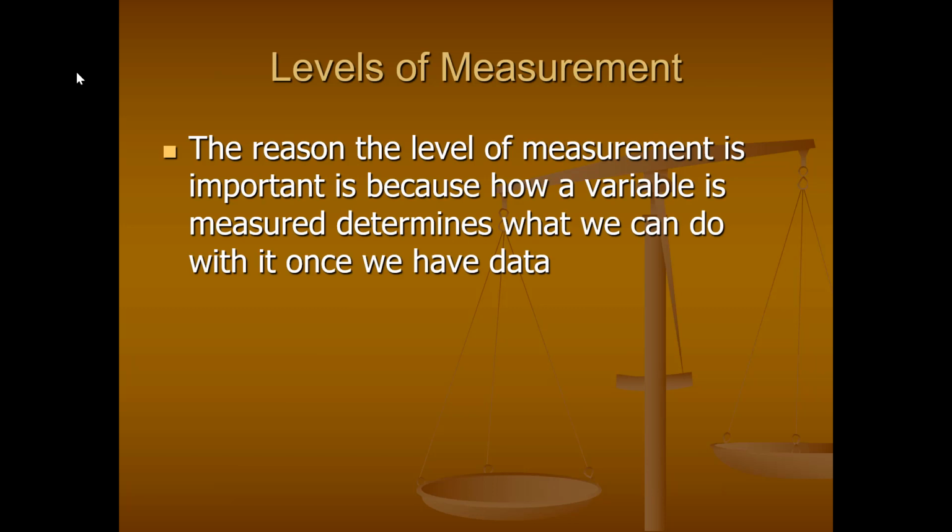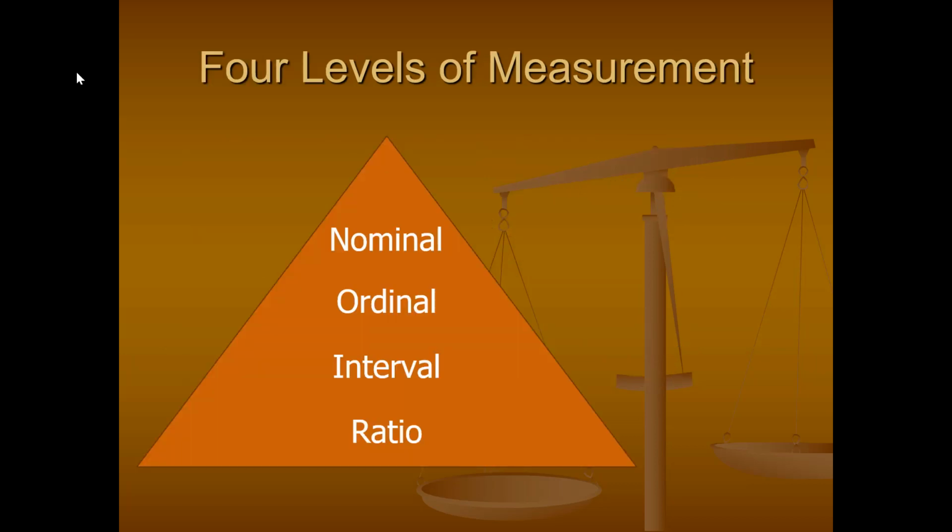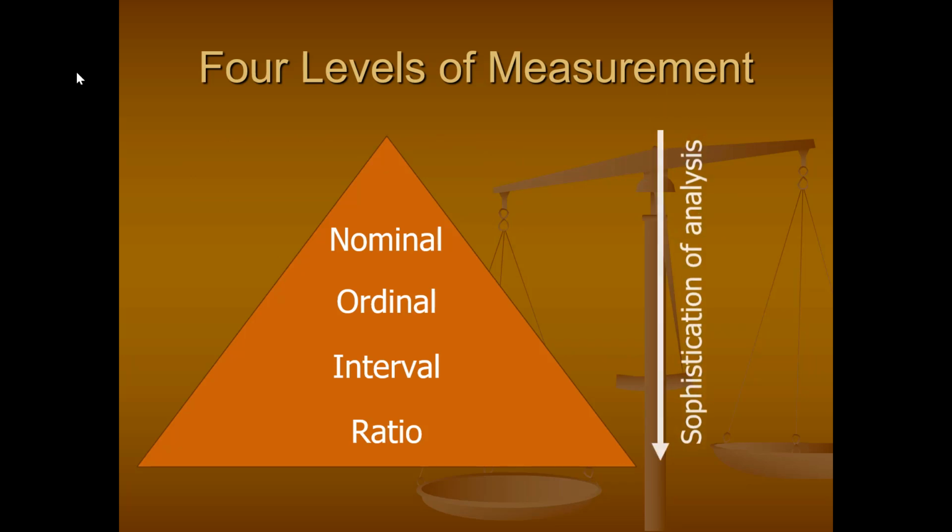The reason the level of measurement is important is because how a variable is measured determines what we can do with it once we have data in terms of analysis. There are certain statistical analyses that can only be done when a variable is measured at a certain level. When it comes to these 4 levels of measurement and analyses, the further down we go on the triangle, the bigger the base, the more sophisticated the analysis can be.